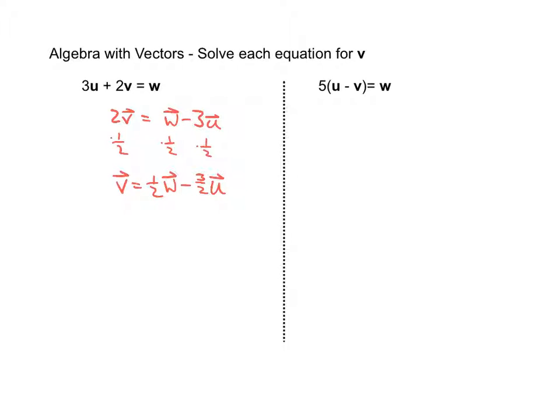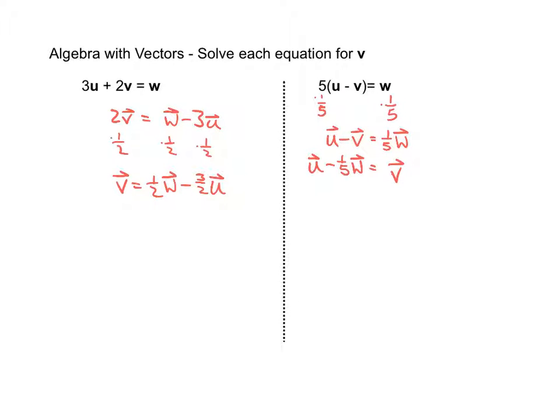Same thing here with number 5, the 5 times u minus v equals w. If I want to solve that for v, I can multiply by 1/5. So then I have u minus v equals 1/5 w. And then I'll add v and subtract 1/5 w, and I'll get vector v equal to u minus 1/5 vector w.